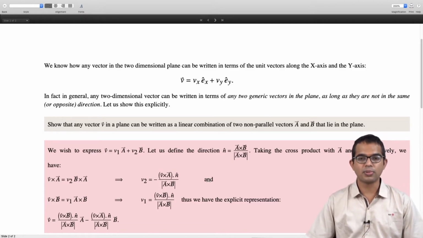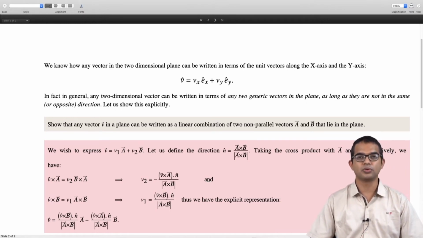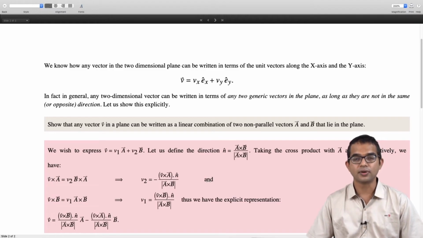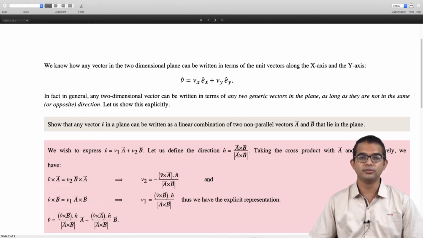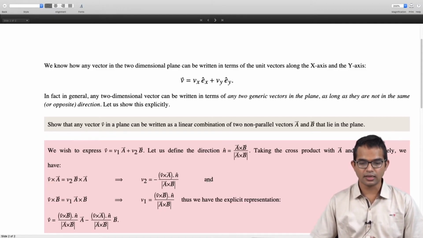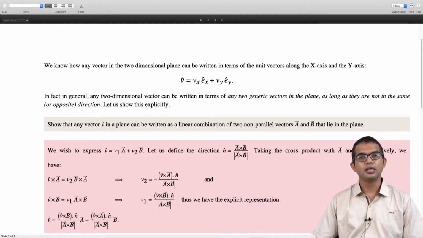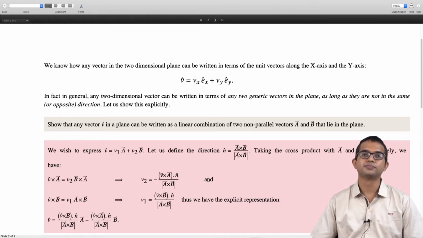Since they are non-parallel, there is a cross product of these two vectors. I assume that all of us are familiar with the notion of a cross product. I didn't explicitly define it for two-dimensional vectors, although I did use the dot product, because I think we are all familiar with this from high school. So I will take this for granted and say that given that these two vectors A and B are not parallel, there is a cross product that we can find.